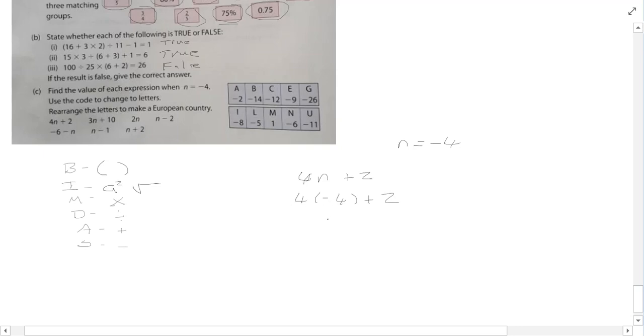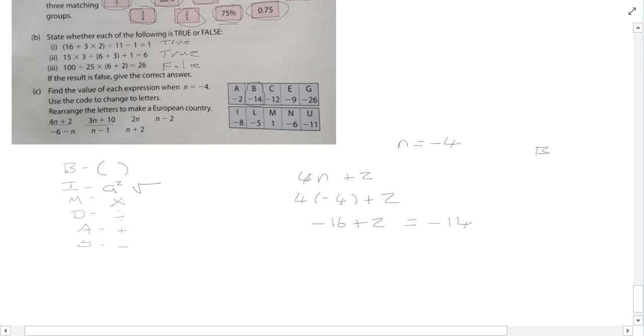So 4 and 4 is 8, and 8 and 8 is 16. So this is going to be -16 plus 2. If we're on -16 and we plus 2, we're going to be on -14. And if we have a look up here, we have B is -14. So let's put our first letter over here for now. Okay, so that's that one done.